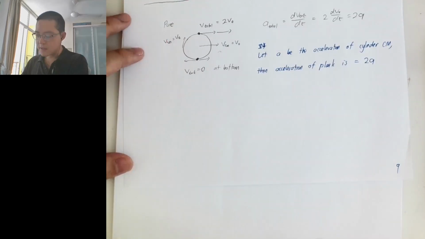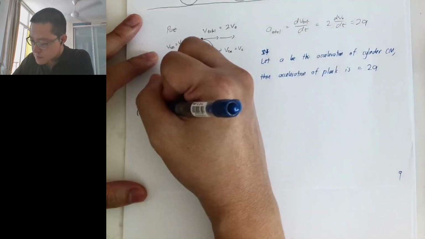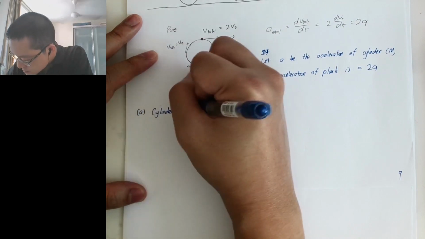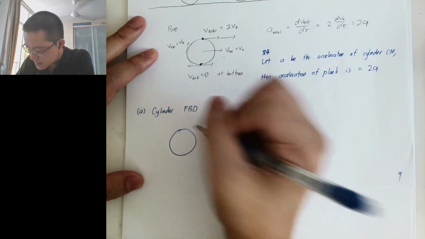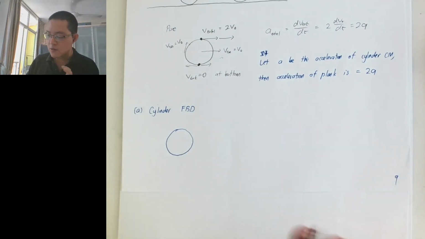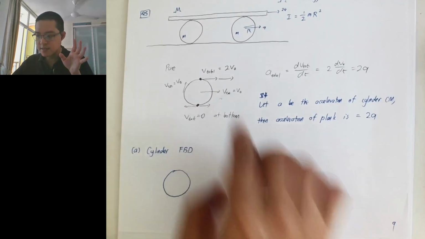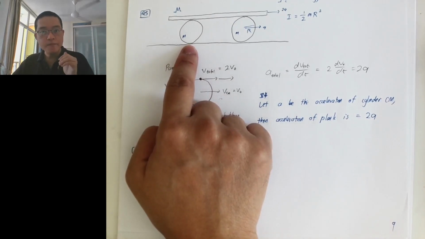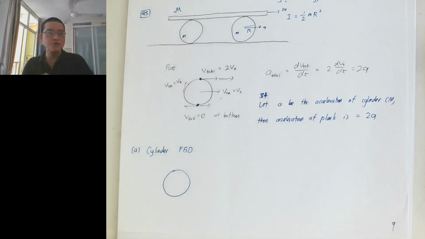Let us solve the free body diagrams. Let us begin by looking at the cylinder free body diagram. What are the forces acting on the cylinder? The vertical force we don't care about. We want to look at the horizontal acceleration. Each cylinder is touching the floor and touching the plank, and these two contacts are what cause the cylinder to rotate.